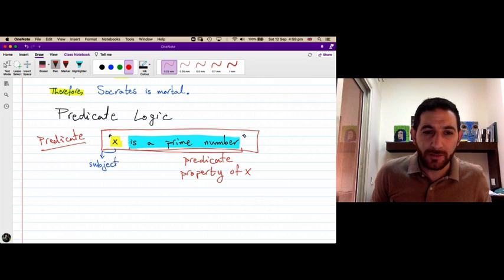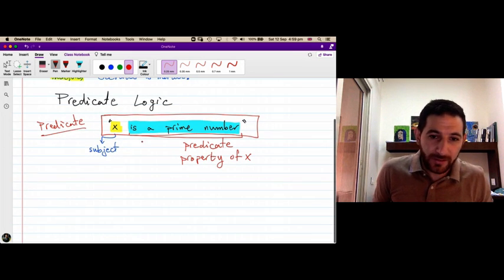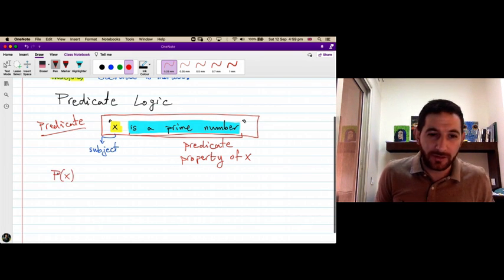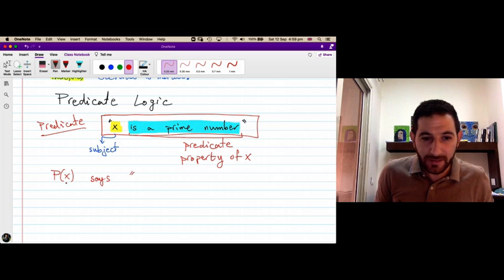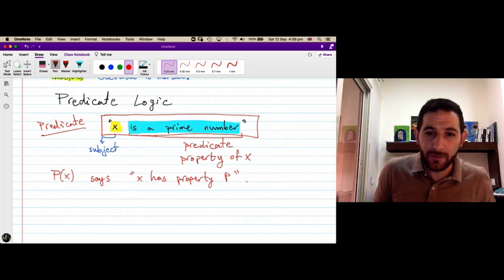Let's denote the statement above by P(x). P(x) is our notation for the statement where x is the subject and capital P is the property, so x has property P. In the example above, property P was being prime.